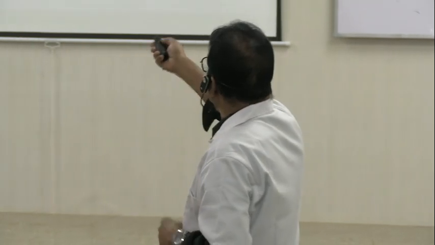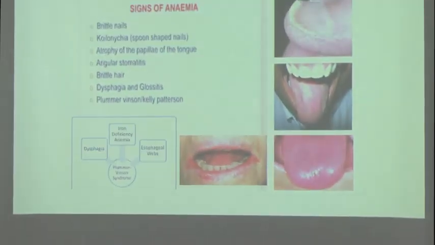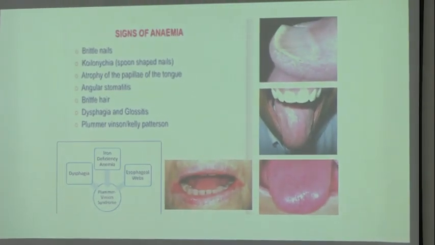Glossitis, inflammation of the tongue, and angular stomatitis at the corner of the lips. Plummer-Vinson is a syndrome created by iron deficiency anemia, with esophageal webs and dysphagia.